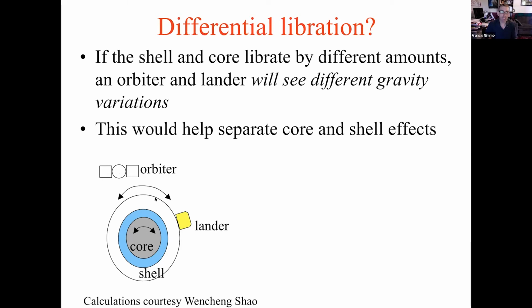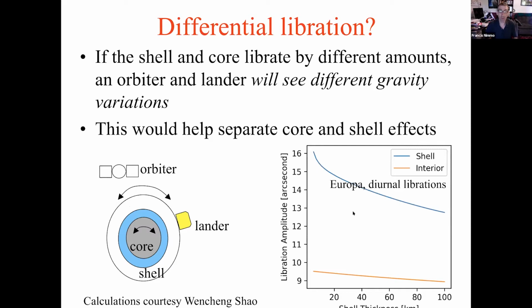Whereas an orbiter will see both the shell and the core librating. And so if you have both an orbiter and a lander, you'll see different variations in the gravity because of these differential rotations between the core and the shell.